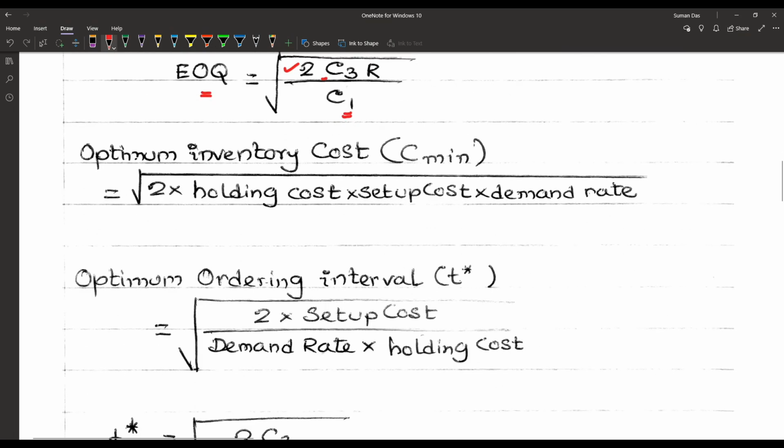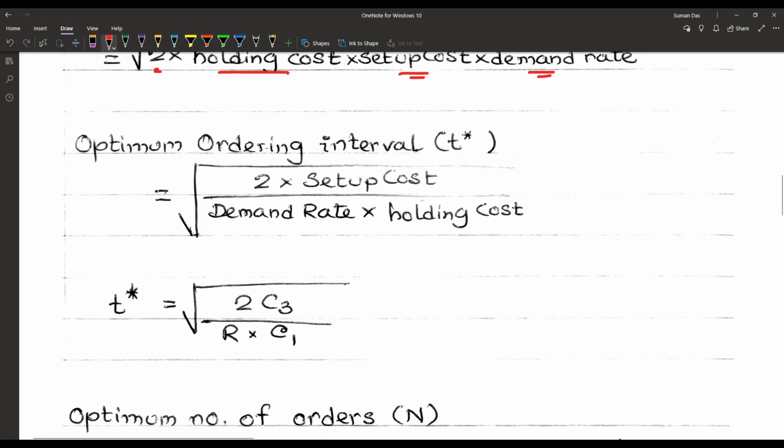The optimum inventory cost, C minimum, is equal to the square root of 2 times holding cost times setup cost times demand rate. The optimum ordering interval, T star, is equal to the square root of 2 times setup cost upon demand rate times holding cost, that is, T star equals square root of 2C3 upon R into C1.